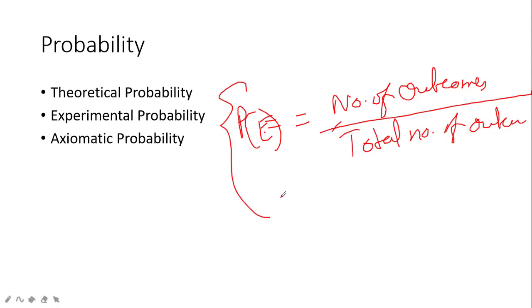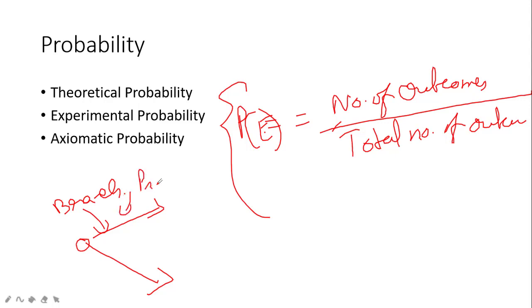Before moving to the types of probability, let's see the probability tree and how the tree diagram works. The tree has branches, each with a probability.